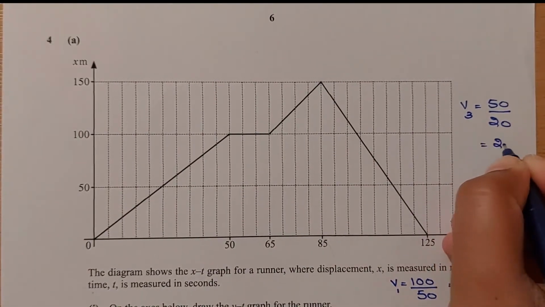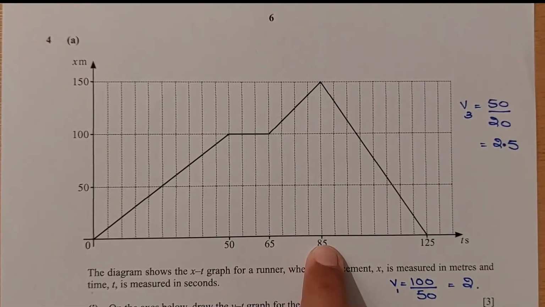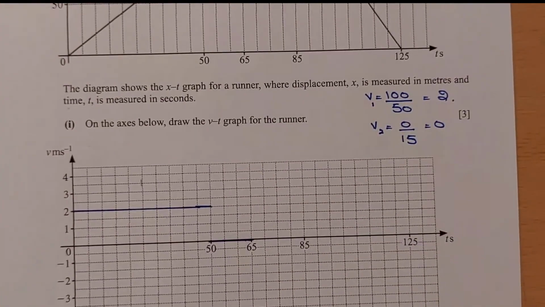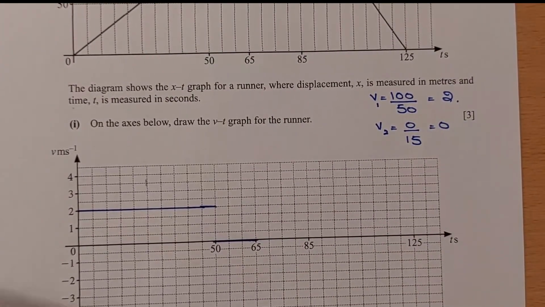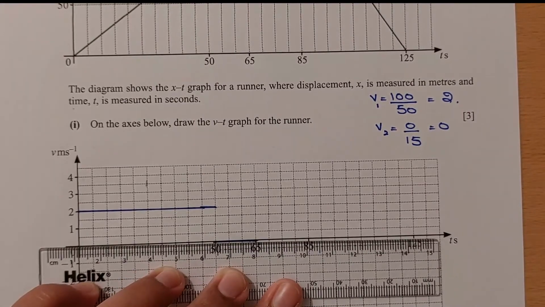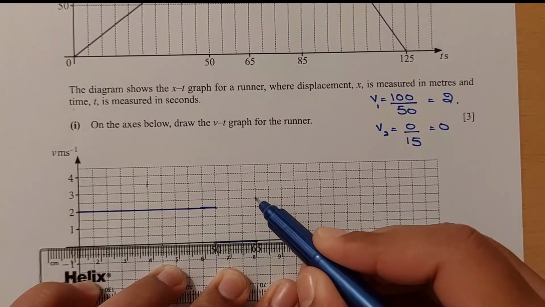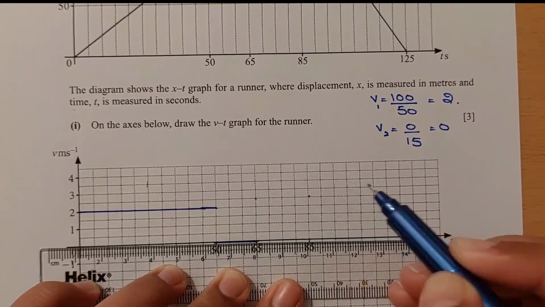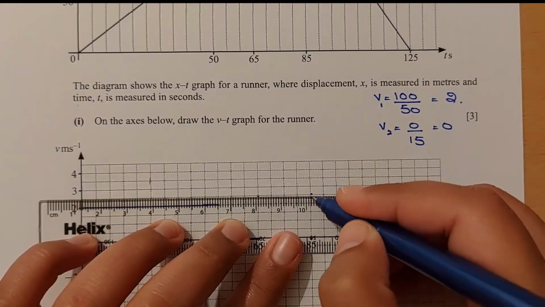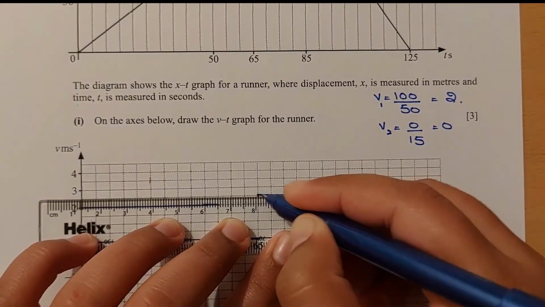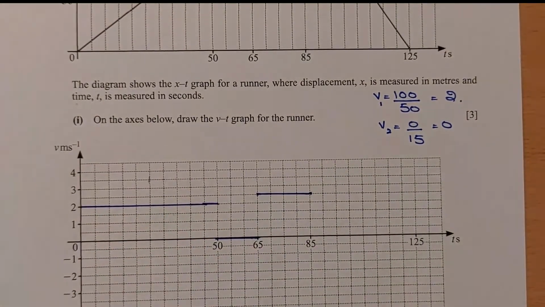This is 2.5 between 65 to 85. So for 65 to 85 the velocity is 2.5, while earlier it was 2. So this is the velocity.